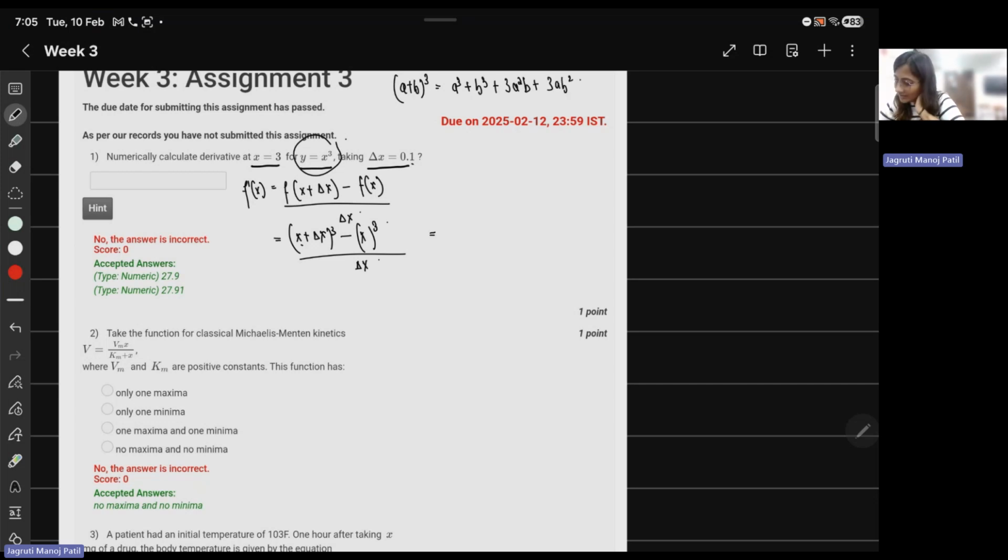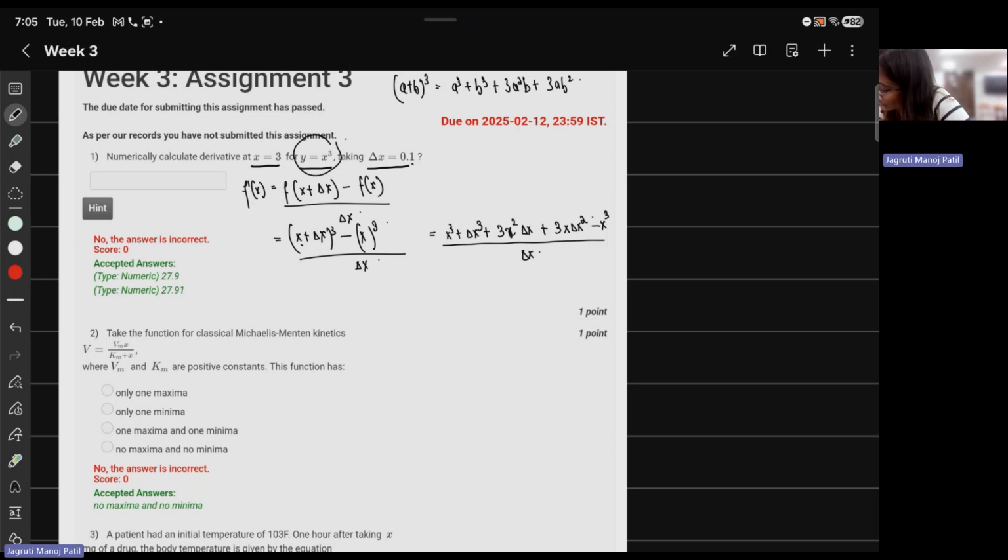So you have things as this, and now you evaluate this entire term as x cube plus delta x cube plus 3x square delta x plus 3x delta x square, and then you have minus x cube here, by delta x, right? So this is what you have.